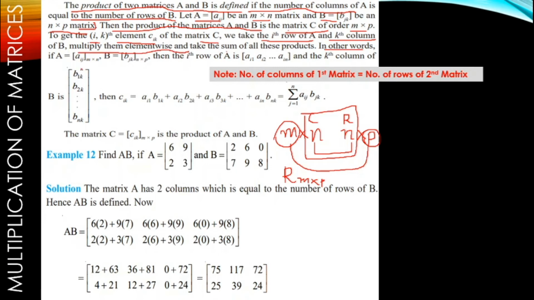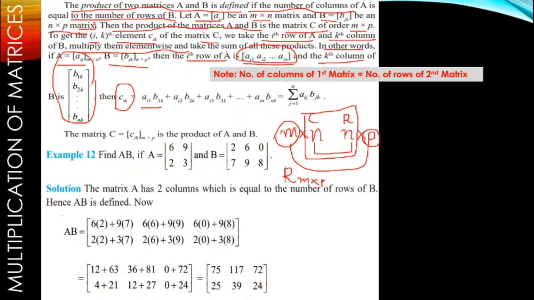In other words, we take the ith row of matrix A and the kth column of matrix B. I'll explain, don't worry. So each element of the resultant matrix is obtained by multiplying the ith row of A and the kth column of B, multiplying and adding. So this is equal to the summation over j from 1 to n of aij times bjk.